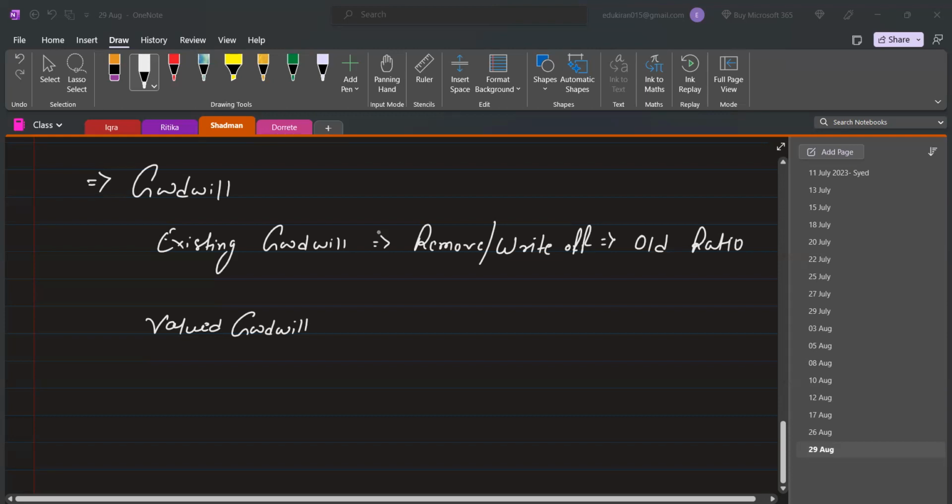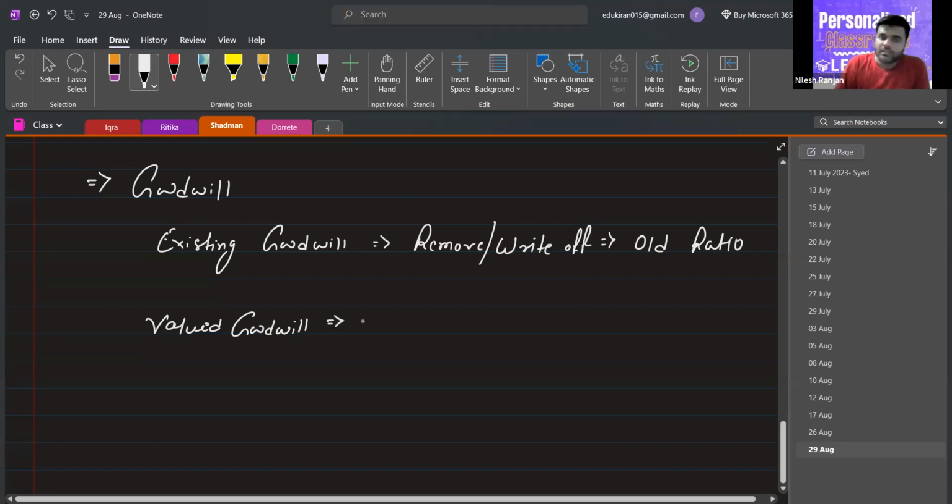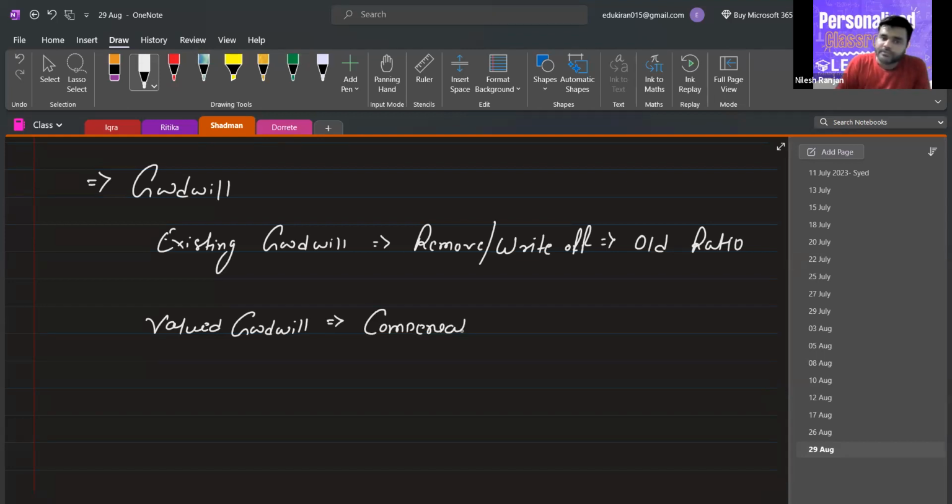Next is valued goodwill. Valued goodwill means the goodwill is self-generated and it is valued by us. It works as compensation.